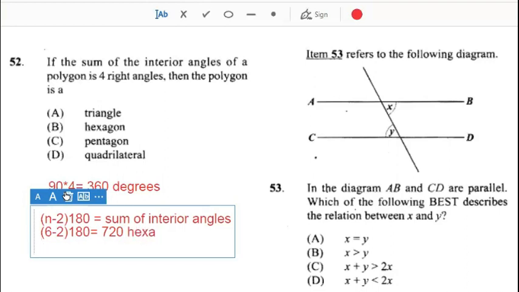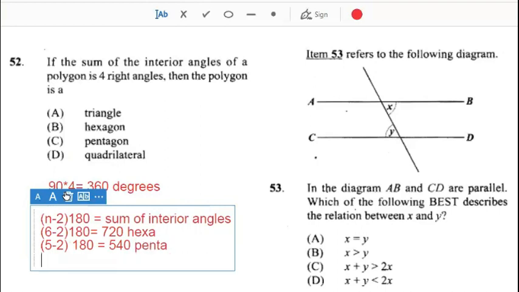And a pentagon contains 5 sides, so it is 5 minus 2 multiplied by 180, and that is 3 times 180, and you will get 540 degrees. And for a quadrilateral, it is 4 minus 2 multiplied by 180, and for that you will get 360 degrees.